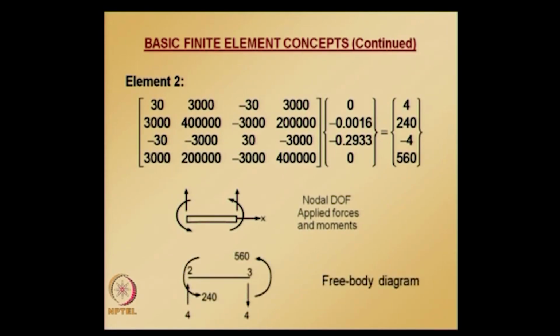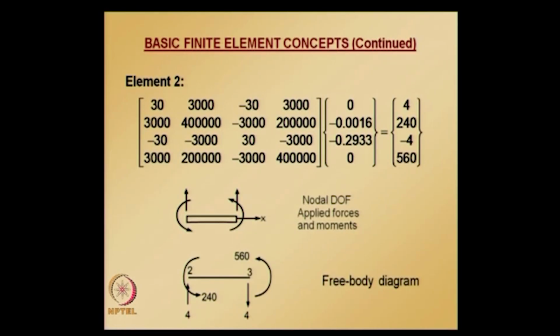So, now what we have done is we have solved this problem using the half model, and we got the nodal values. Using the nodal values we computed displacement at any point along the length of both elements 1 and 2, and also moment and shear.